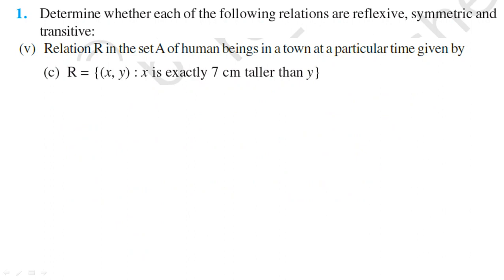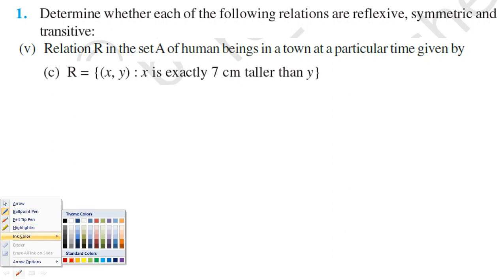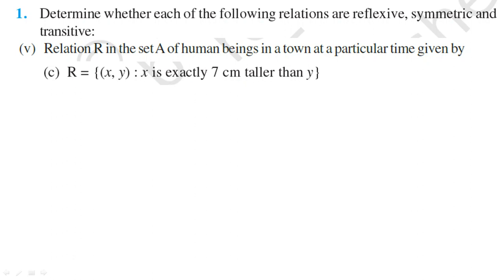Now, what about the third part? The third part is X is exactly 7 centimeter taller than Y. If I am talking about this condition, this one is the condition.